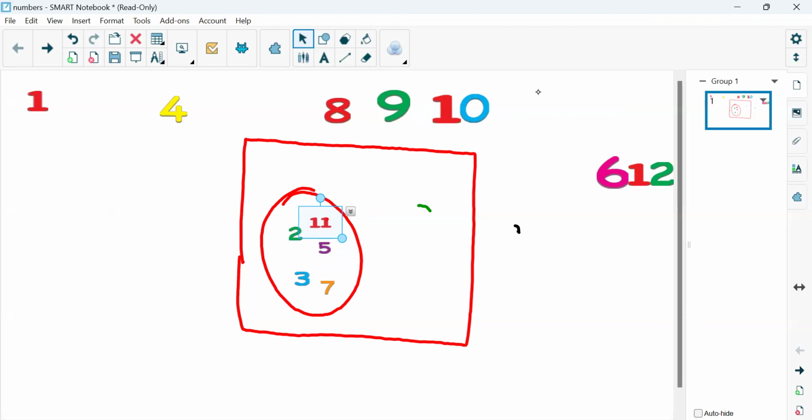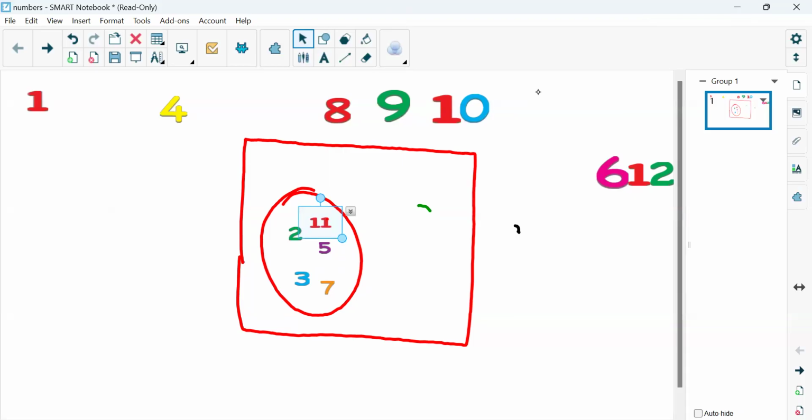Now you want to check A and B. You want to check if there's any intersection between A and B. Now what is B? B is this one.